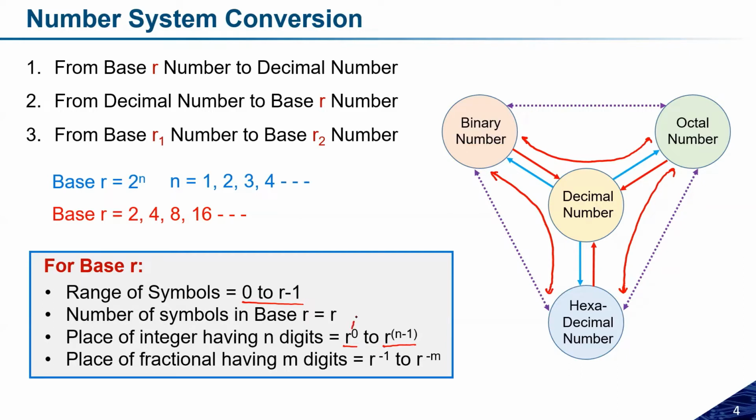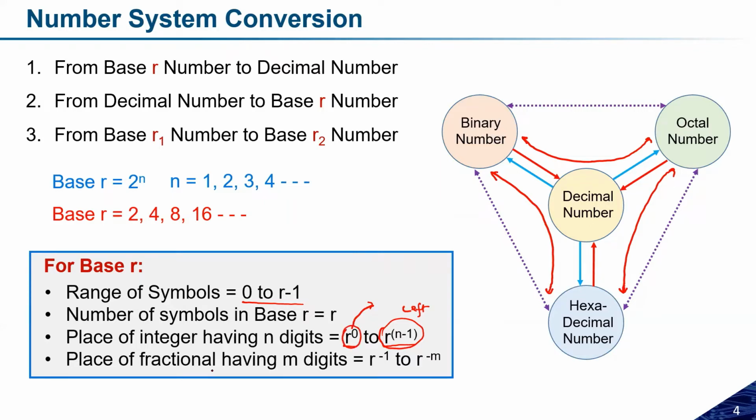This r to the power 0 is close to the decimal point, and this r^(n-1) moves towards the most left-hand side. So r^0 is just after the decimal point.